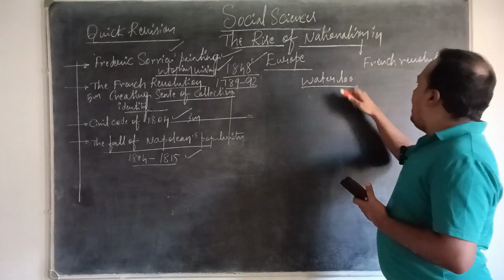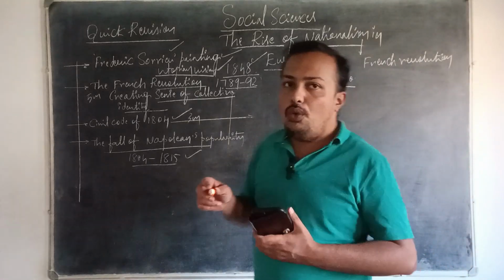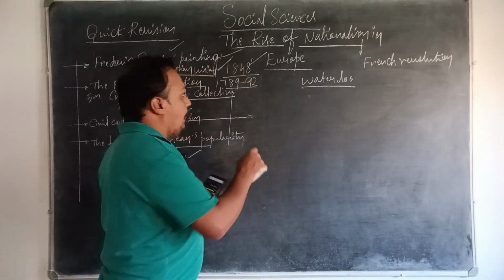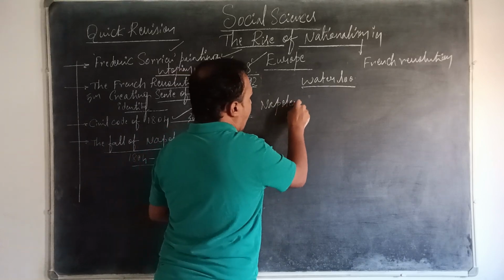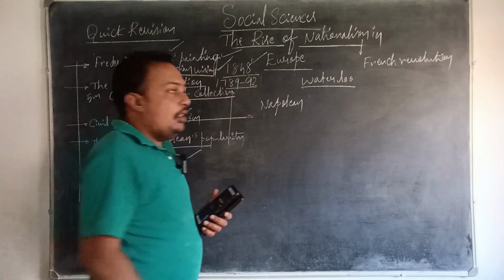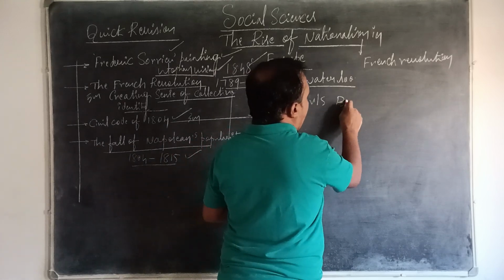So in the Battle of Waterloo, Napoleon Bonaparte was defeated by the combined force led by Britain. Napoleon was defeated by the combined force, which was led by whom?